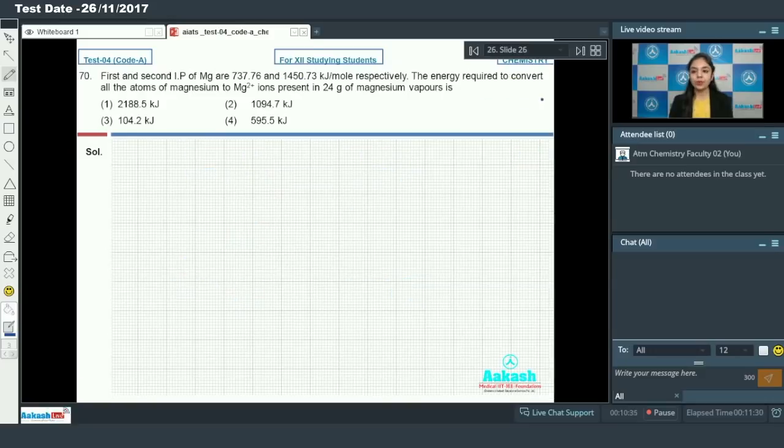Moving on to the next one, question number 70 says: the first and second ionization potentials of magnesium are 737.76 and 1450.73 kilojoule per mole respectively. Find the energy required to convert all the atoms of magnesium to Mg2 plus ions present in 24 gram of magnesium vapors. We have been given the first ionization potential, meaning the first electron is removed from Mg and Mg plus is formed.